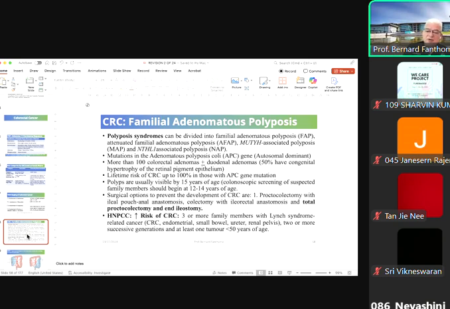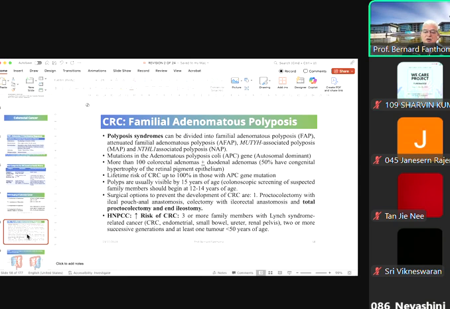Now, in FAP also sometimes questions are asked. Here, the APC gene is actually a tumor suppressor gene. It protects against the formation of polyps. But in case it is mutated or defective, then the colonic mucosa is free to produce multiple polyps.